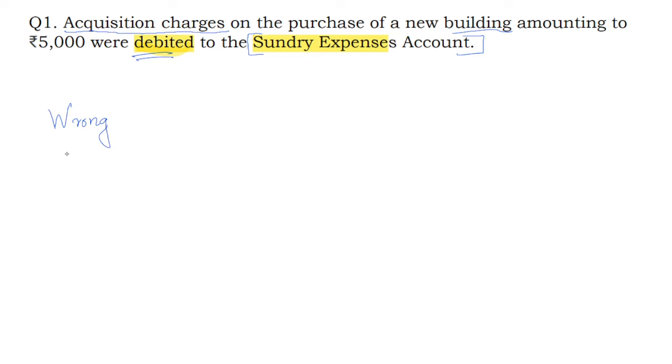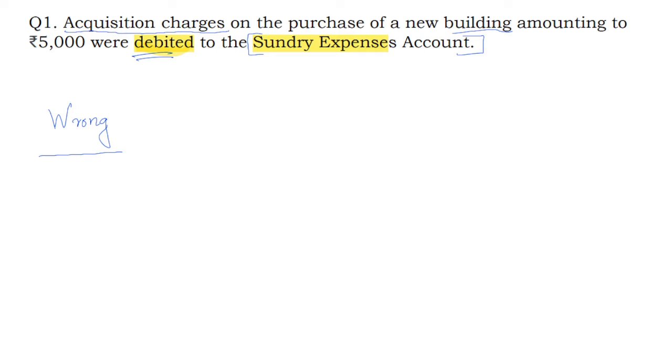But in the examination you are not required to write the wrong entry and the right entry. In the exam you just need to write the rectification entry. For your understanding only I am writing the wrong entry.